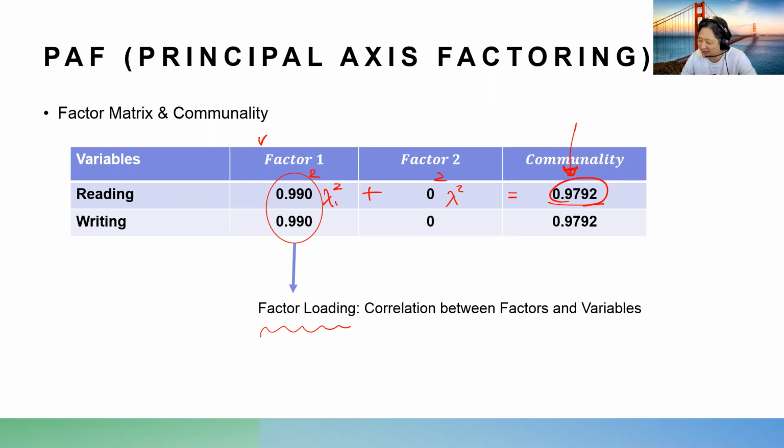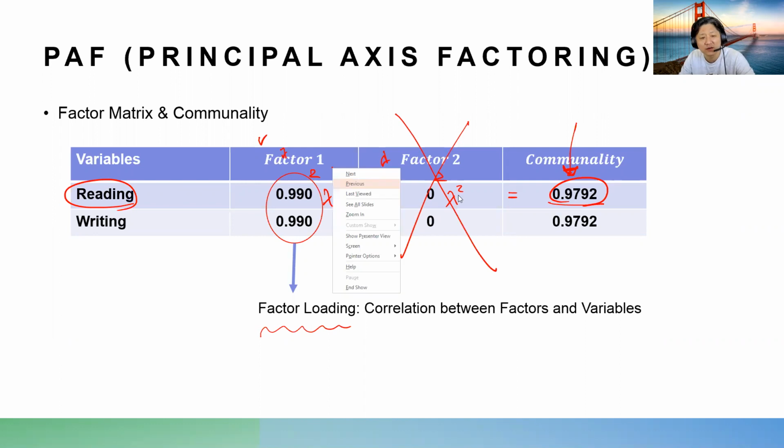So that means 97.9% of the total variance in reading is explained by these two factors. In this case, factor 2 is 0, so we ignore this one. So that means factor 1, a single factor, explains reading almost 97%.